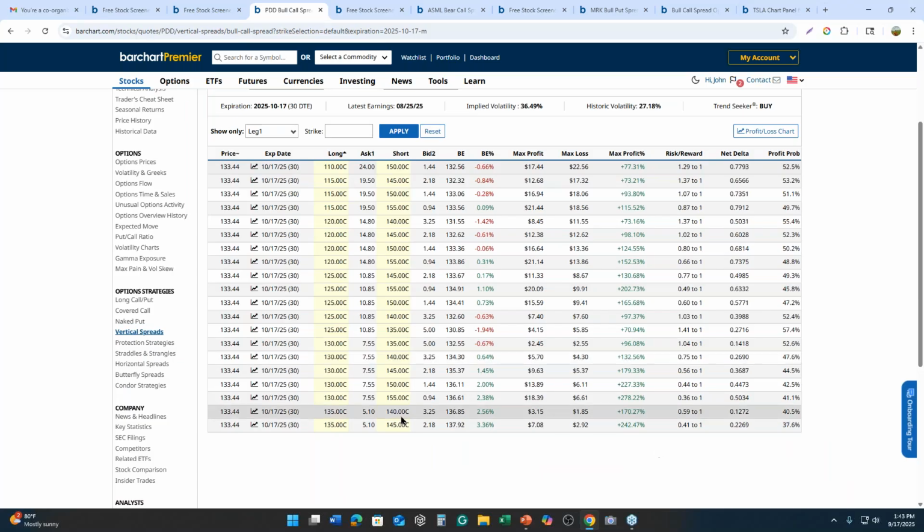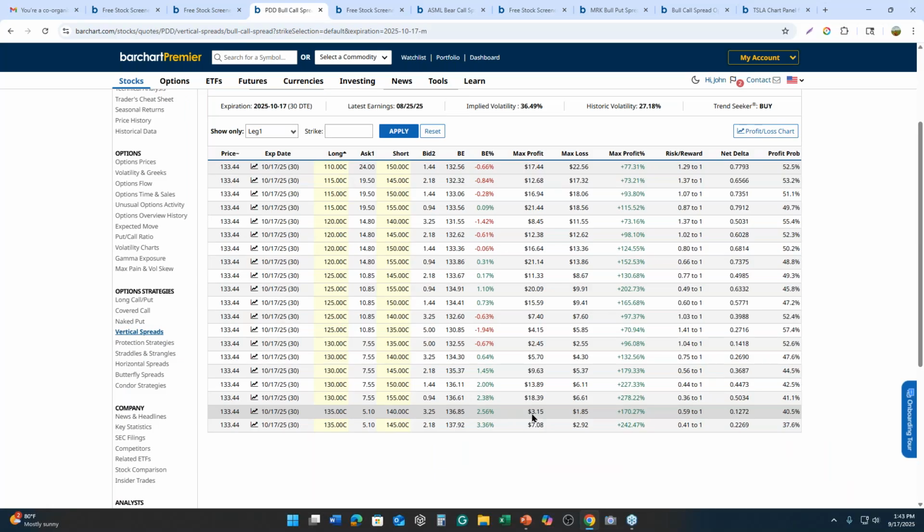If we look at the 135, 140, now think about this. We're waiting for price to go higher, in other words, to get profit, but we're capping our profitability. So this is actually a little bit more aggressive, right? But notice what happens, that we get paid for that aggressiveness. Our cost goes a lot lower.